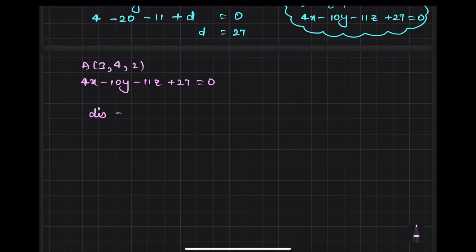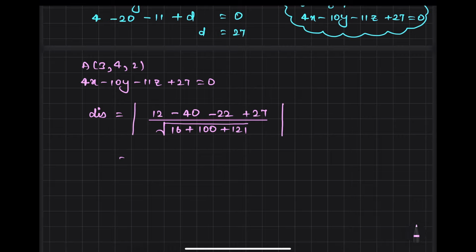The distance is the point substituted in the plane upon the root of a squared plus b squared plus c squared. So in place of x we put 3, so 4 times 3 is 12. In place of y we put 4, so it becomes minus 40. In place of z we put 2, so it becomes minus 22. And then plus 27, divided by the root of 16 plus 100 plus 121, and then we put the modulus. So this is your distance.